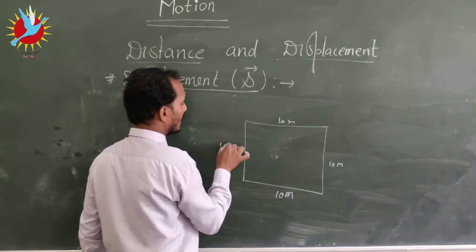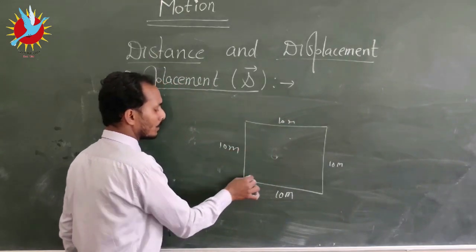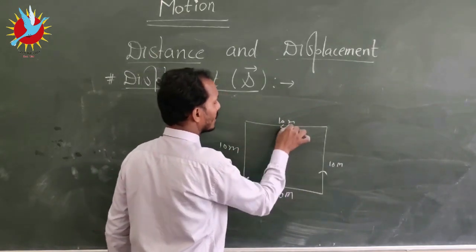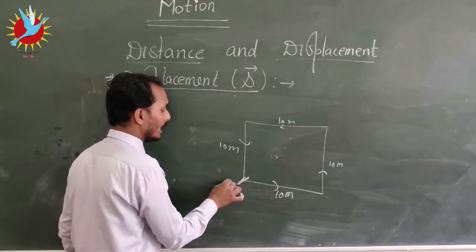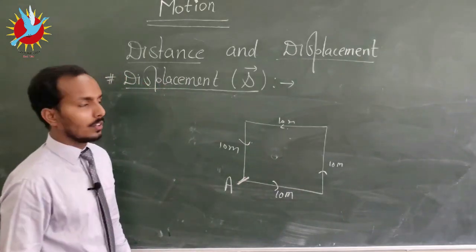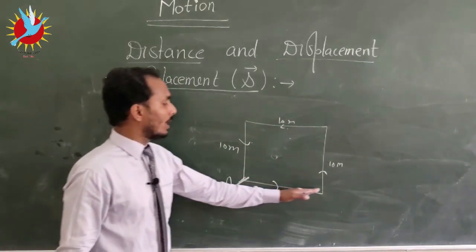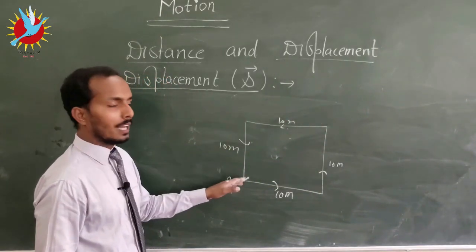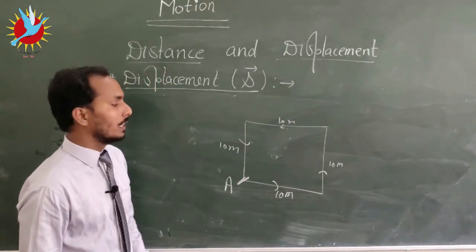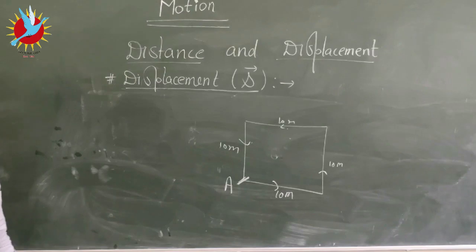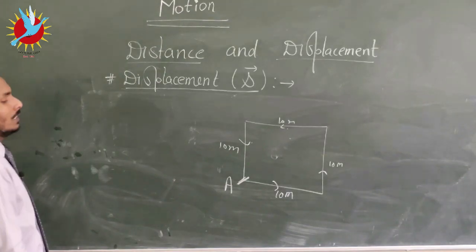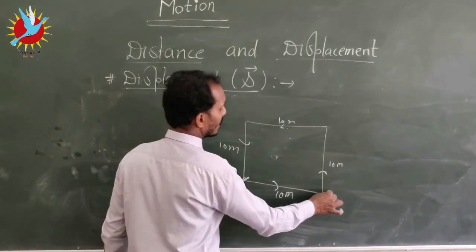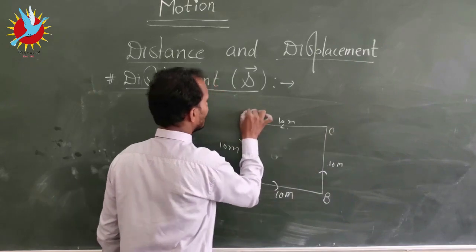A person moves from this point following this route and reaches position A again. Then calculate the distance and displacement of the whole journey, A, B, C, D.